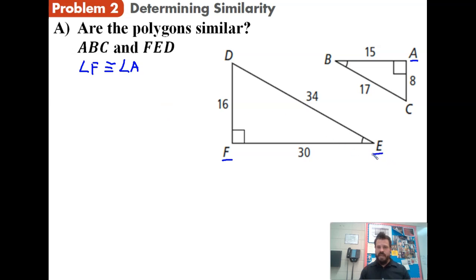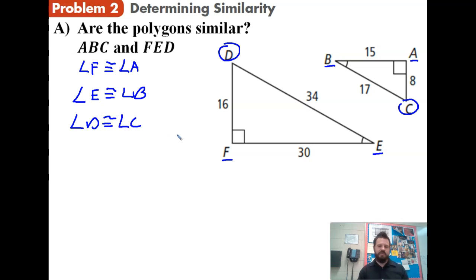We're also given that angle E and B are congruent. They're both marked congruent with a single arch. So we know that angle E is congruent to angle B. Then as far as the last angles go, D and C, I know they're congruent, and the reason for that is they're the third angles in two triangles with two congruent angles.